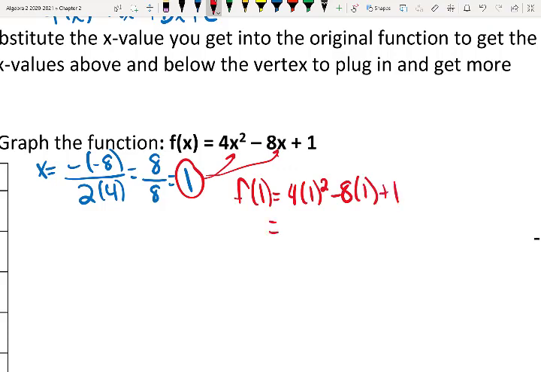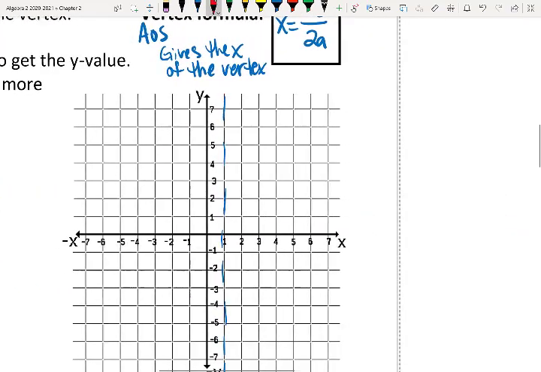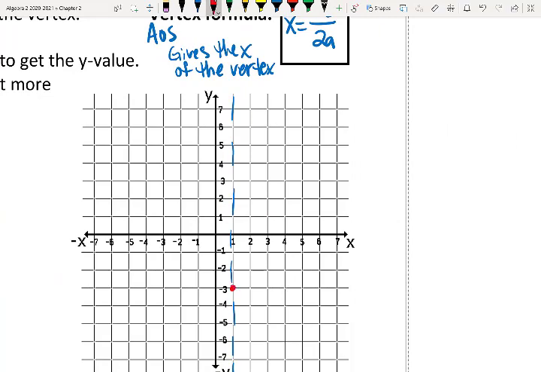So 1 squared is 1 times 4 is 4 minus 8 plus 1. 4 minus 8 is negative 4 plus 1 is negative 3. So that is where my vertex happens on the AOS. Actually, let's keep it in red. So 1 comma negative 3 is my vertex.